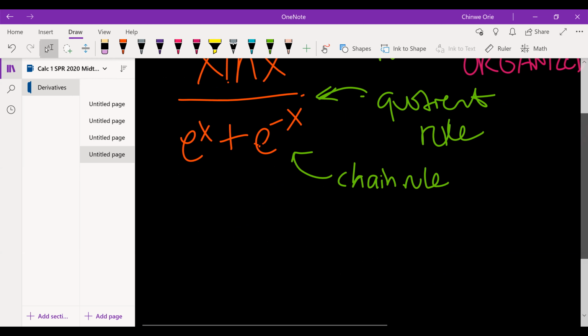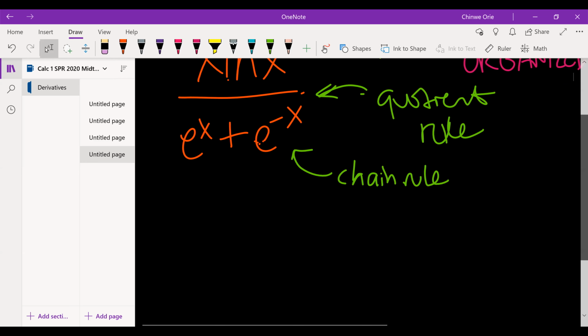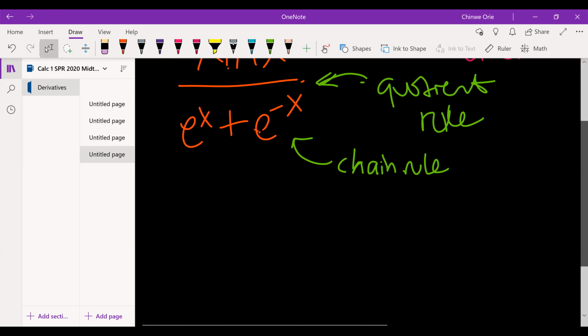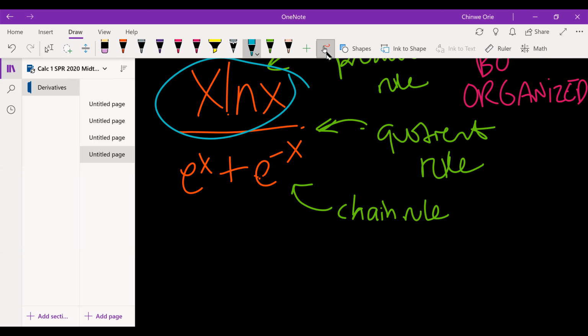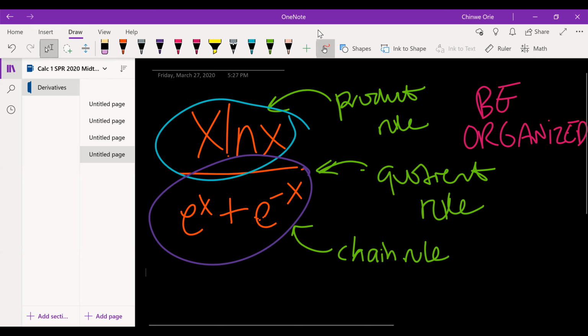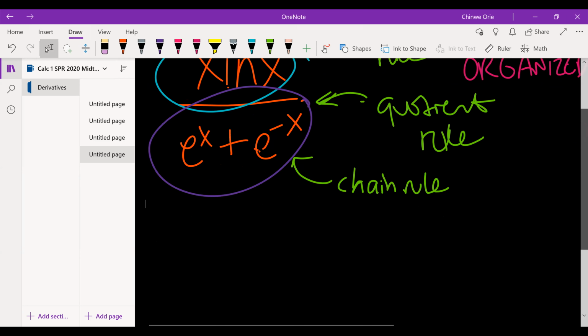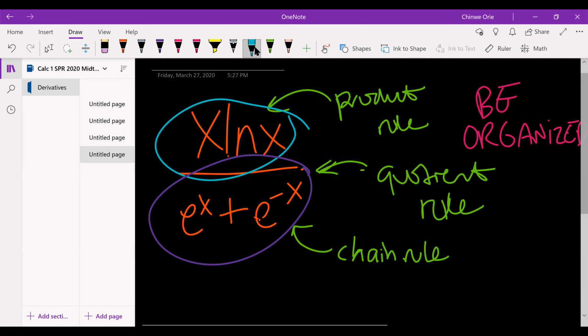You can do the top first or the bottom first. I'm going to do the top first, just because you read things from top to bottom, so it's a little bit easier. I'm going to mark this with this turquoise color so we can keep focus there, and then mark this with the purple color, so we keep track of what we've got. Hopefully it makes sense. Feel free to chime in if you have any questions along the way. X ln x, so we're going to compute that derivative first.